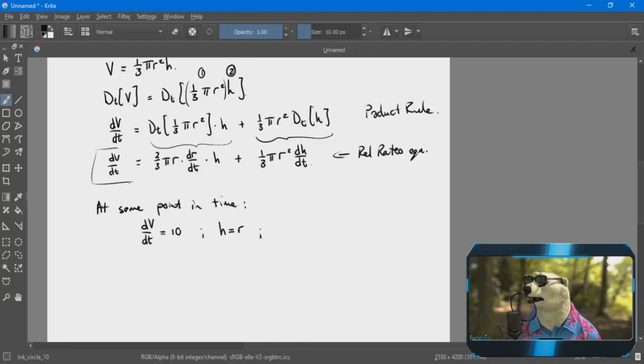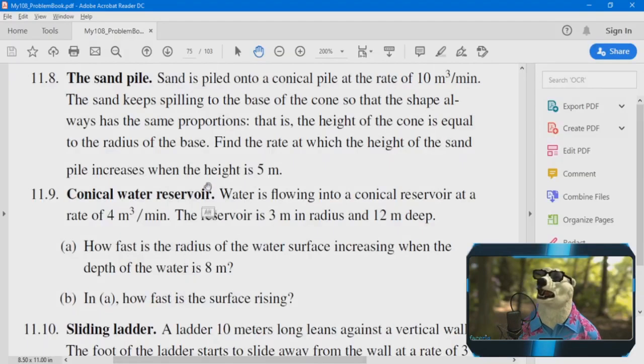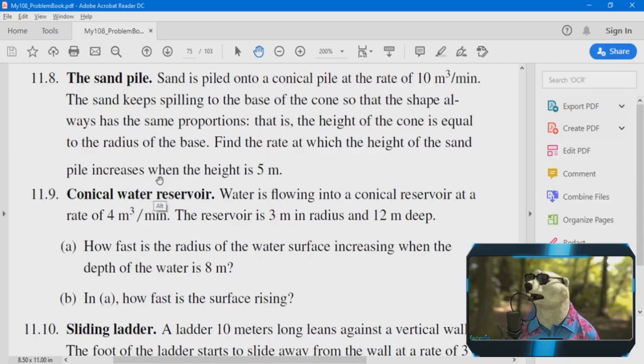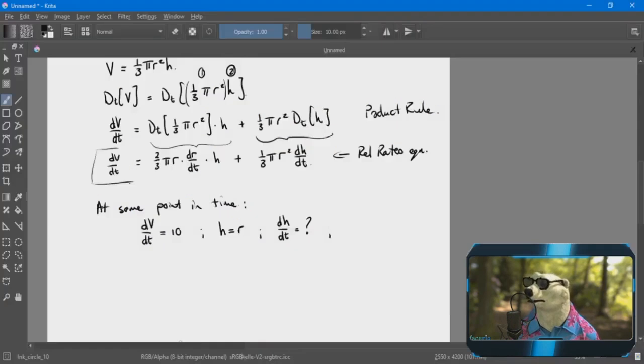It's good to highlight that and see it. And we want to find the rate at which the height of the sand increases. So we want the rate of change of the height, question mark. And we have the point in time when the height is 5 meters.